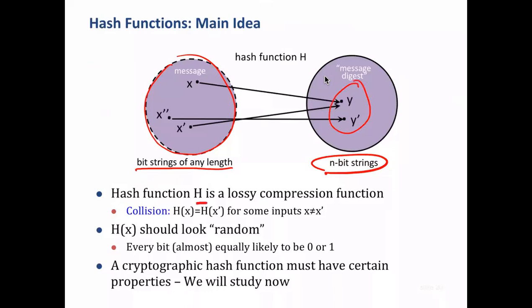So the H function is a lossy compression function, and it can result in a collision, which we will discuss later. For some values of input, take H(x) or H(x'), there are two inputs here. If both map to the same output or the same hash value, then there is a collision.